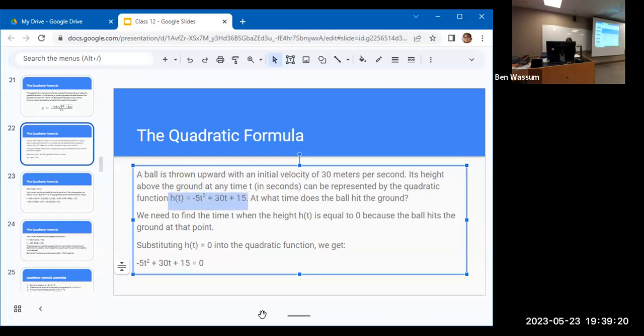Here's the thing. Now, if you notice this h parentheses t thing right here, we haven't covered that yet, but this is something called function notation. This isn't saying it's h multiplied by t. This is saying that we have a formula that is called h, and the variable in that formula h is the letter t.